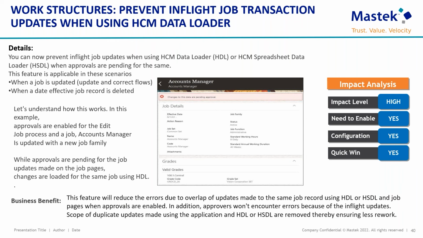Usually what happens now is it gets updated, and we are nowhere aware of the changes that are happening. So there is a profile option that needs to be configured, and once that is done, the system will automatically move such records into errors, and it can be handled easily. Like when a job transaction is already in workflow, and if there are any updates happening on that job, then it can be restricted.